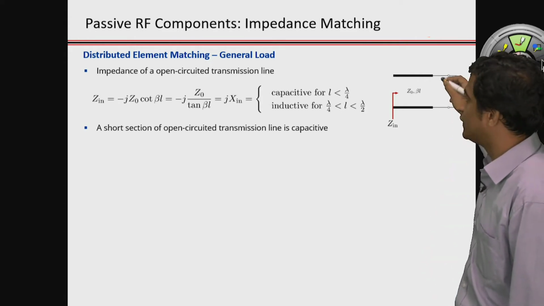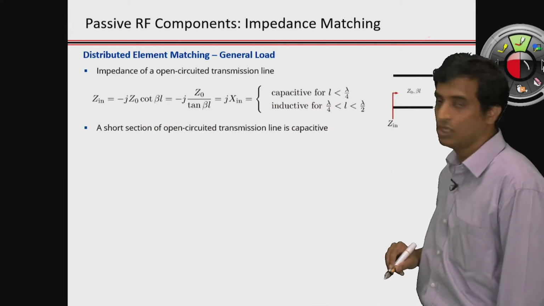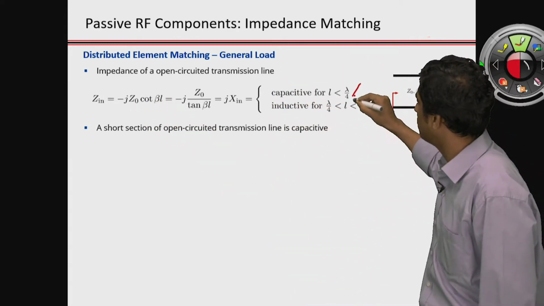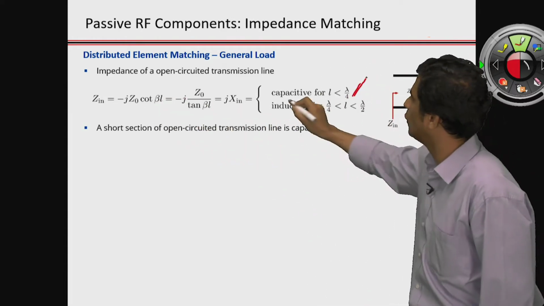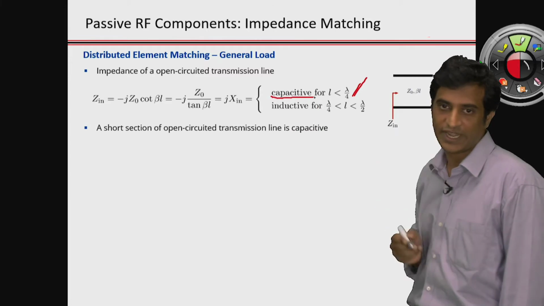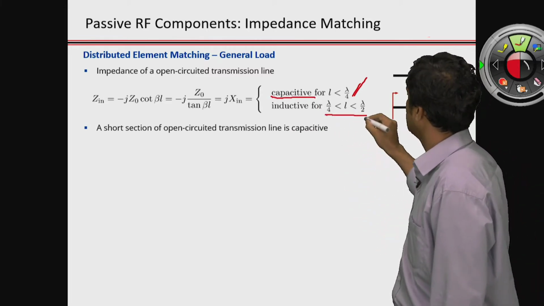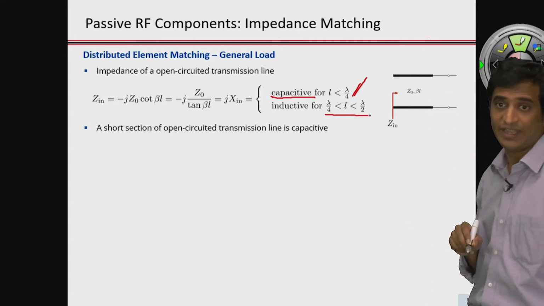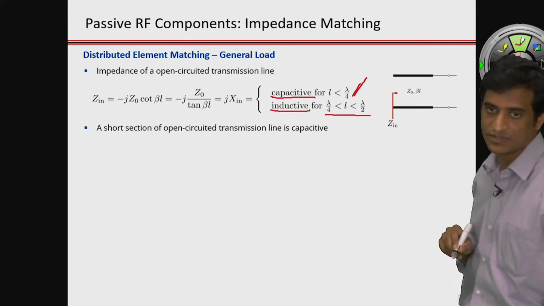Let's say for an open-circuited stub, we know that the input impedance is negative jZ0 cot(beta L). As long as the length is less than lambda by 4, this section of transmission line is going to offer a capacitive reactance. And for a length between quarter wavelength and half wavelength, it is going to offer inductive reactance.